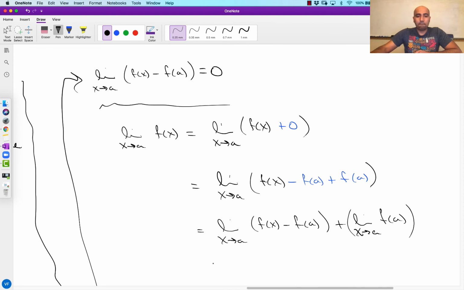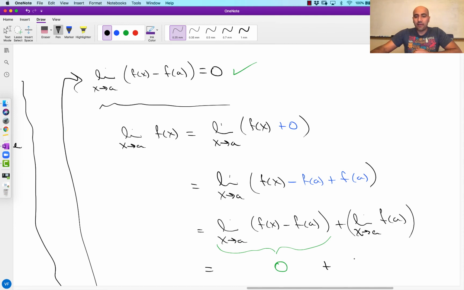From right up here, we see that the limit as x approaches a of f of x minus f of a, we've already concluded, is 0. Plus the limit as x approaches a of f of a, which is just some constant. Notice that there isn't even an x here.